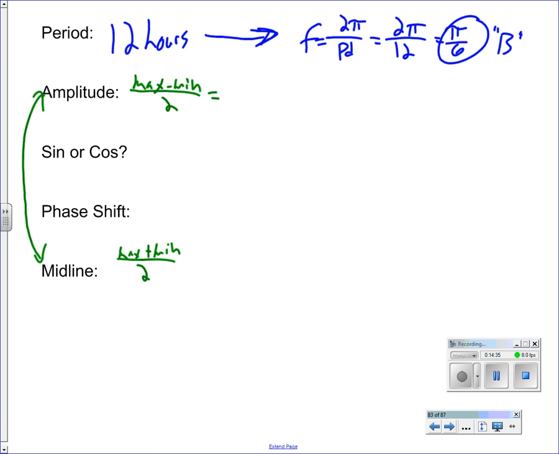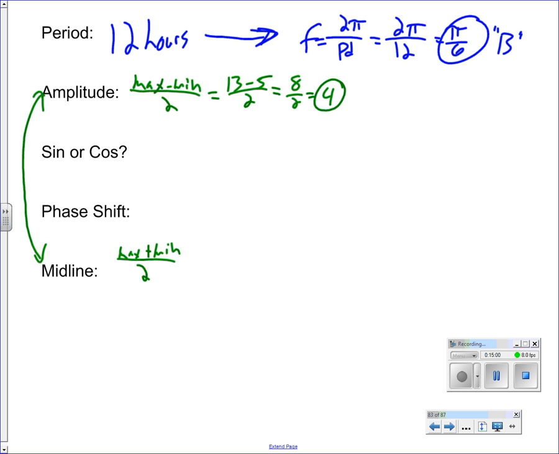So we go back to our formula. We put 13 in for the maximum and 5 in for the minimum. 13 minus 5 will give us 8, divided by 2 will give us 4.